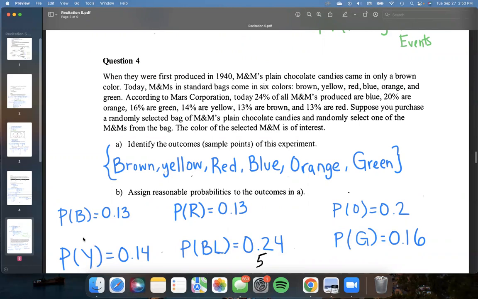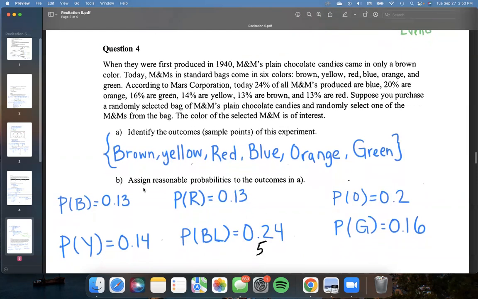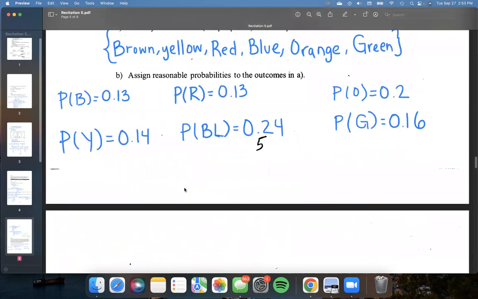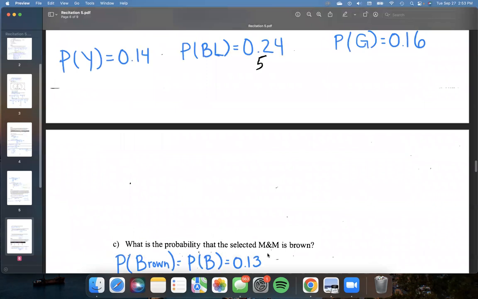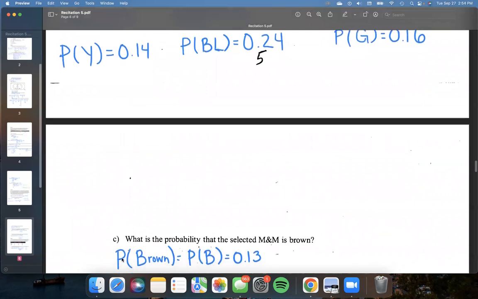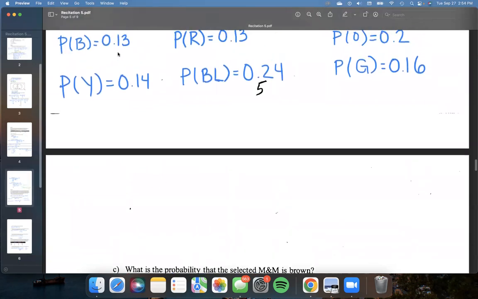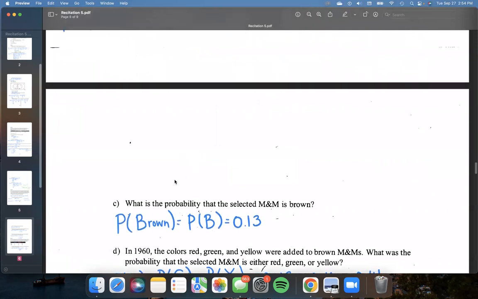The probability of yellow is 14%. The probability of blue is 24%. And the probability of green is 16%, so 0.16. What is the probability that the selected M&M is brown? We just said that the probability of brown, or the probability of B, is 0.13.